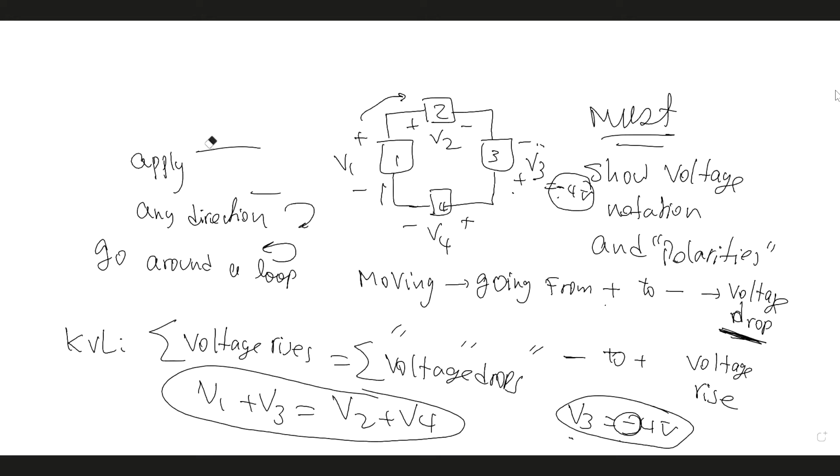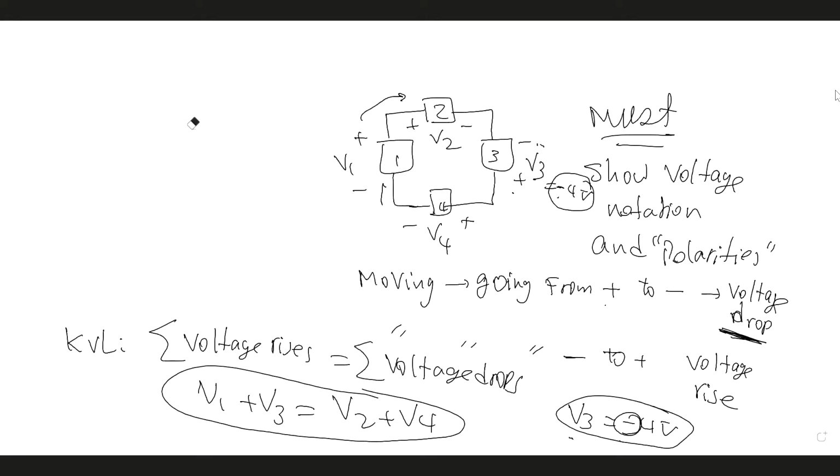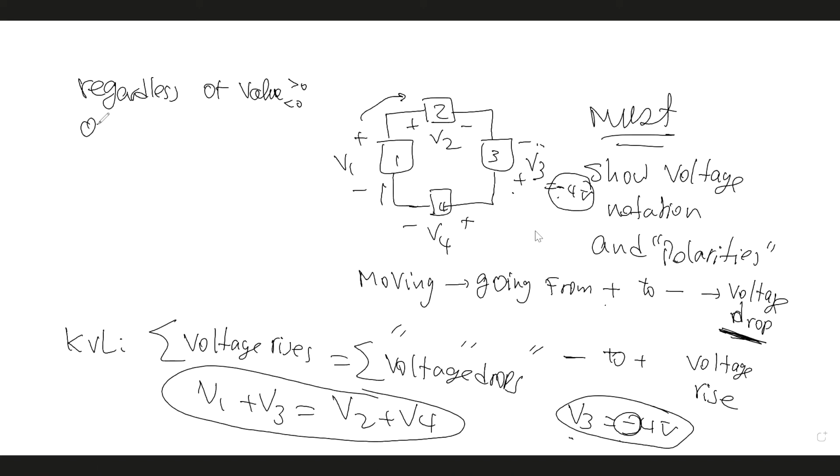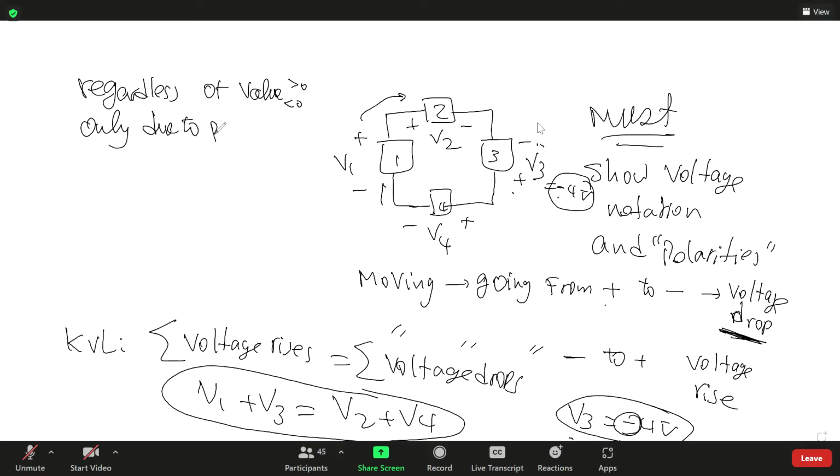In textbooks, when they define KVL, they also do it this way. In many books, they do it this way, regardless of the value being greater than 0 or less than 0, only due to polarities.